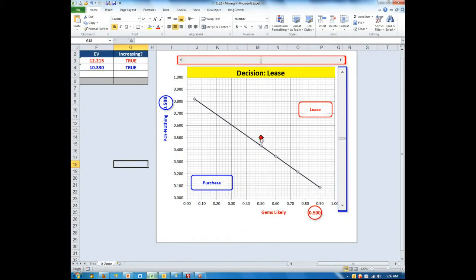This diamond pointer is basically the 50% likelihood of finding gems with a prior leasing. And this one is the 50% that you wouldn't find any gems if you purchased and proceed directly to mine. As I adjust the scroll bar to reduce the likelihood of finding gems in the test explorations, it says then go ahead and purchase.